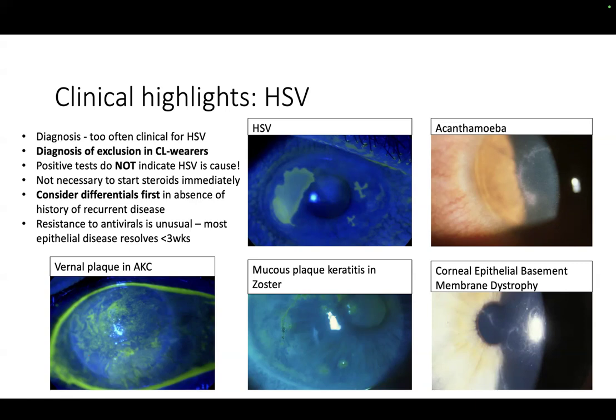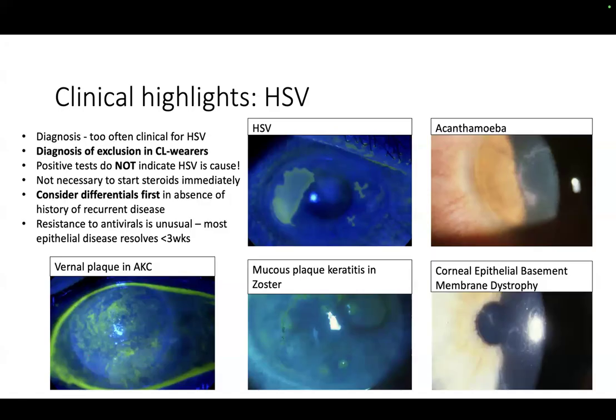Once that diagnosis of HSV keratitis is in the notes, it's very difficult to shift people's approach to it. And then people try all sorts of things. When it doesn't respond to the usual treatment, they'll put them on steroids, and then acanthamoeba tends to do much worse if steroid drops have been started before the anti-acanthamoeba drops.